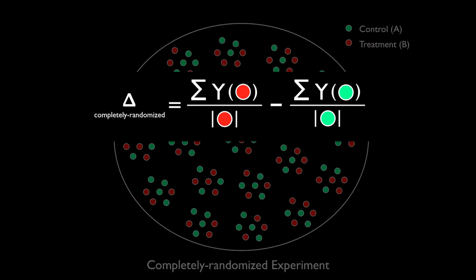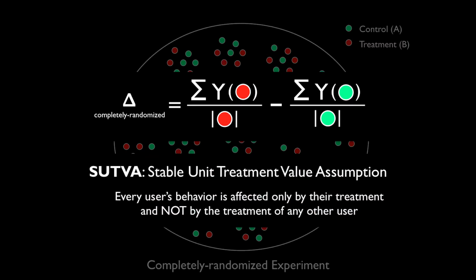We then compare the behavior between the users in the treatment and the control group. This comparison relies on the so-called SUTVA assumption, which states that behavior of every user is affected only by their own treatment and not by the treatment of any other user. However, this assumption may not always hold, particularly when testing features on a social platform where users are, by design, connected to each other.